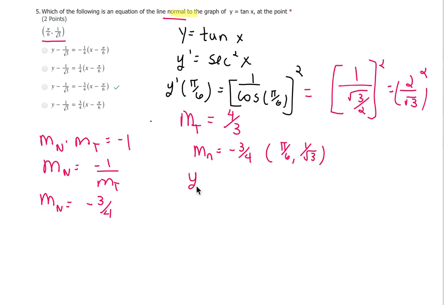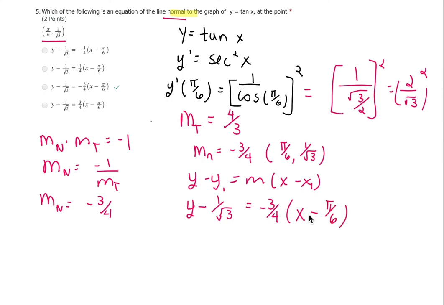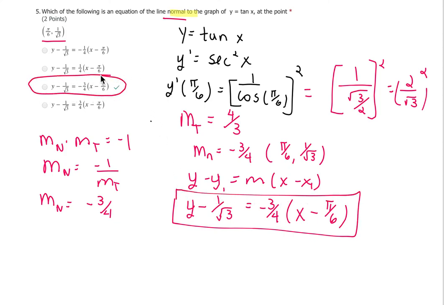So we are going to use our point slope form of the equation and substitute in our point. So y value would be y minus 1 over square root of 3 equals my slope of the normal line, -3/4, times x minus my x value of the point, which is pi over 6. And we don't have to simplify because that's exactly how our answer was written.